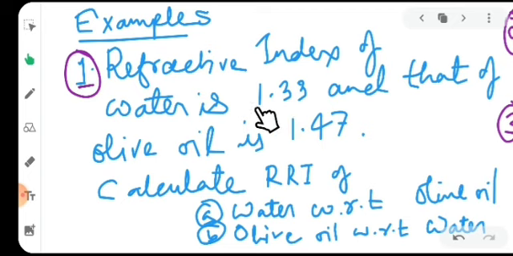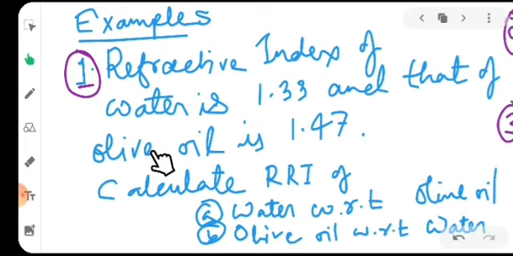And as you can observe, the absolute refractive index of any material is always greater than 1. Let me repeat, carefully listen: the absolute refractive index of any material is greater than 1. Okay, let me continue. And that of olive oil is 1.47.